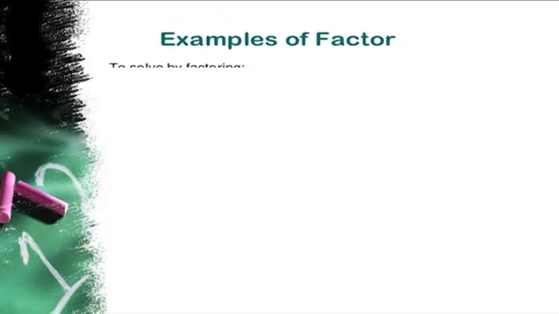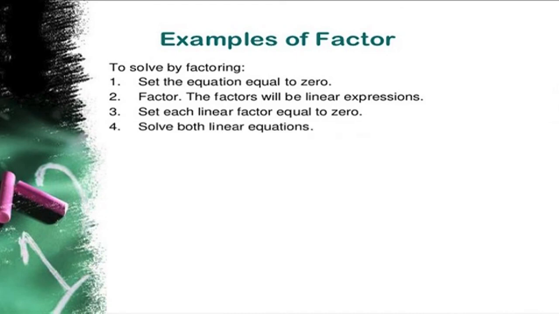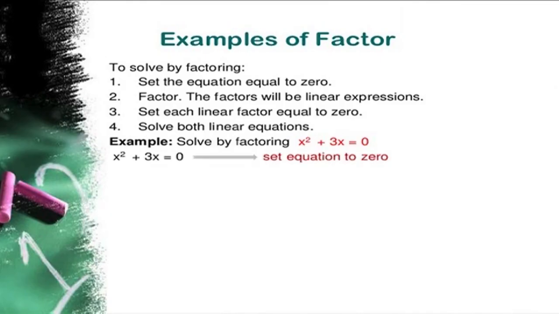Examples of factoring. To solve by factoring, step 1 is to set the equation equal to 0. The factors will be linear expressions. Set each linear factor equal to 0, solving both linear equations. Now take an example. Solve by factoring x² + 3x = 0.